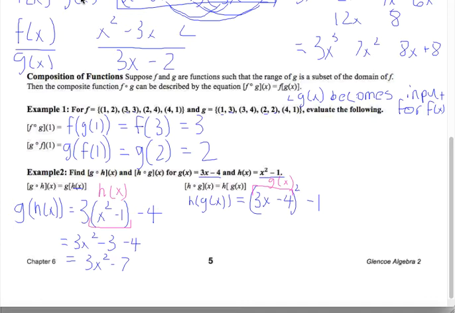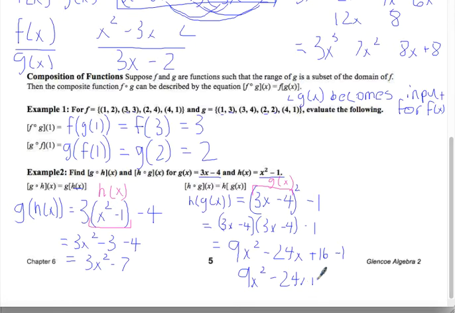And then if I expanded that to simplify it, I would get 3x minus 4 times 3x minus 4 minus 1, which would give us 9x squared minus 12x minus another 12x, so minus 24x, plus 16 minus 1, which would be 9x squared minus 24x plus 15.